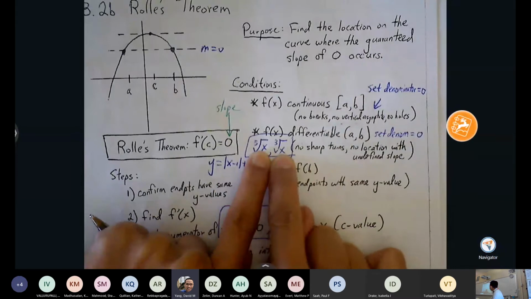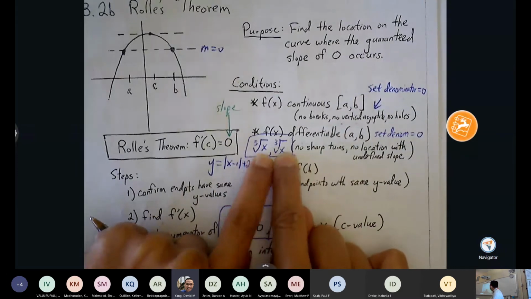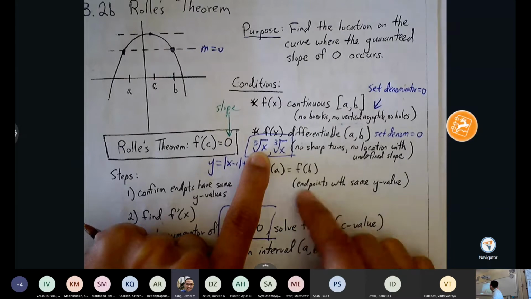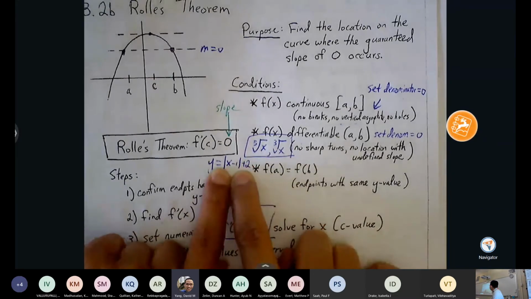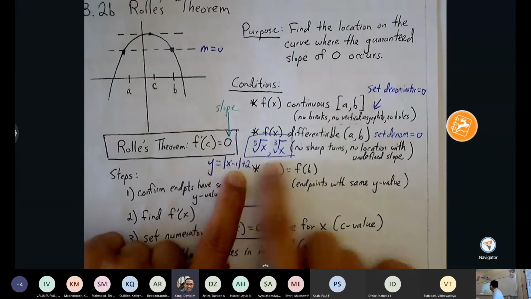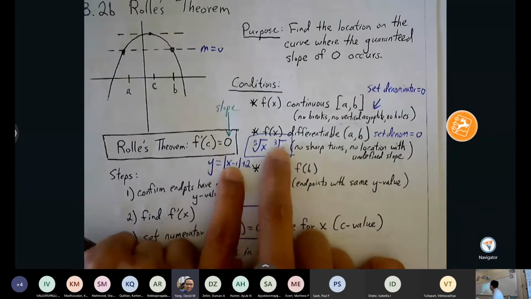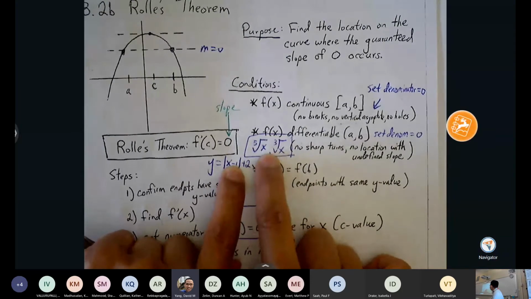If you're dealing with a fifth root or third root or an odd root, then there's additional work that needs to be done. You've got to set the denominator of the derivative equal to 0 and look to see where that sharp turn is located and see if it affects the interval. The other type is an absolute value function, but this you can just graph. We're not going to see a whole lot of this, but 95% of the time, you're not going to deal with it.